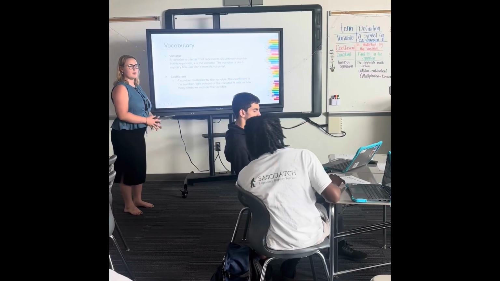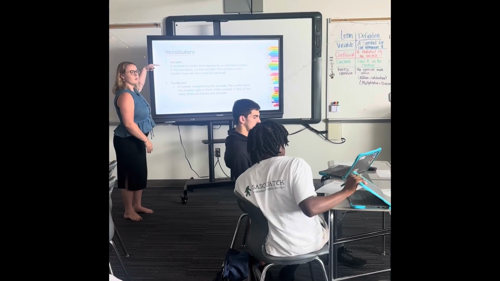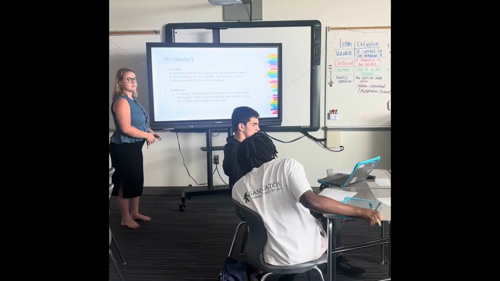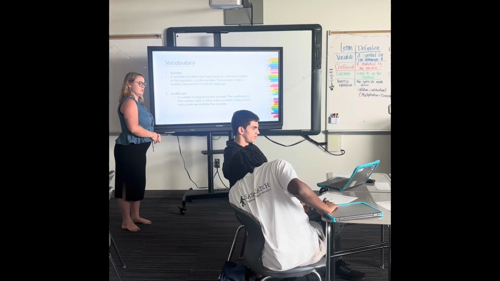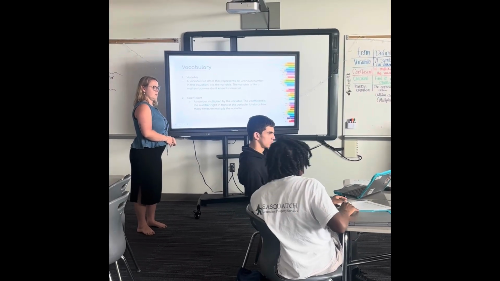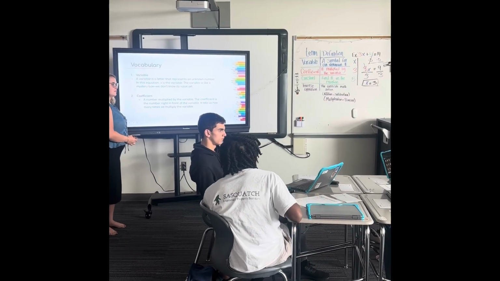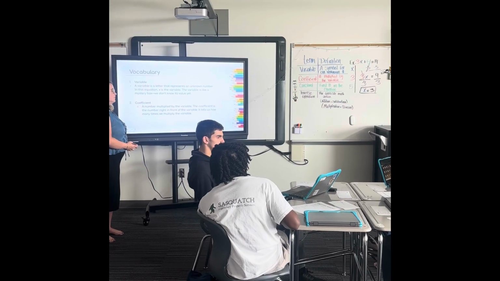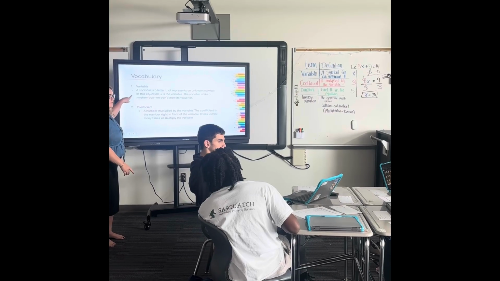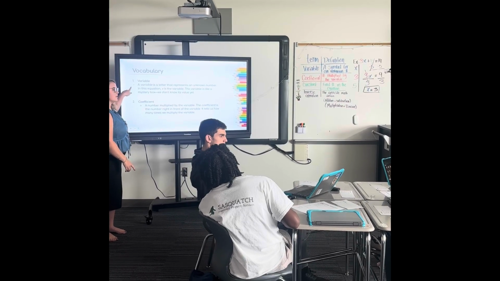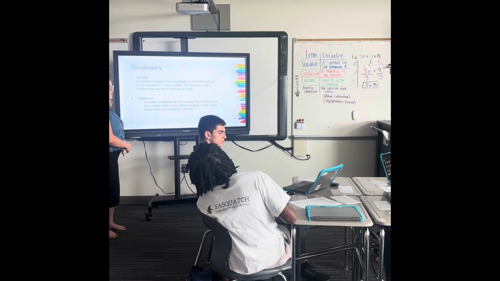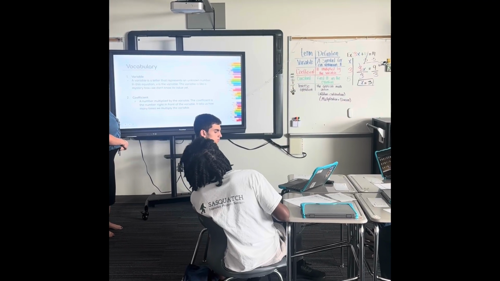All right, so some vocabulary. First is variable. Does anyone know what a variable is? Nico, you do? Tiffany, do you know what a variable is? Can you read this? A variable is a letter that represents an unknown number.